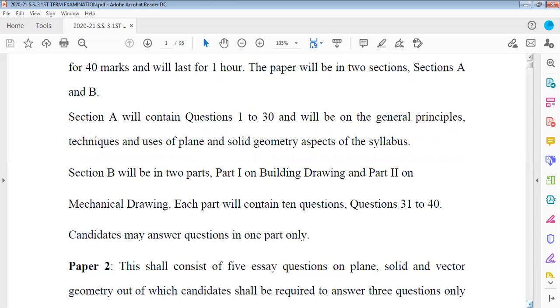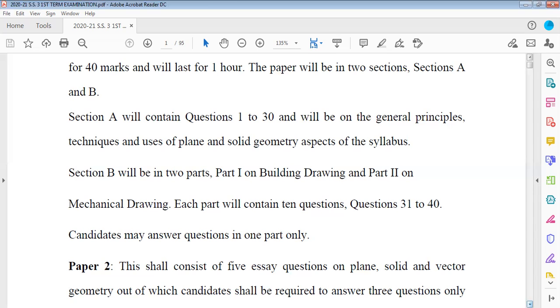Don't forget that question 1 to 30 have to do with general principles and techniques of the plane and solid geometry aspect of the syllabus, while question 31 to 40, part 1 is on building drawing, and part 2 is on mechanical drawing. So you can choose anyone that you know, either building drawing or mechanical drawing. So take note of that.